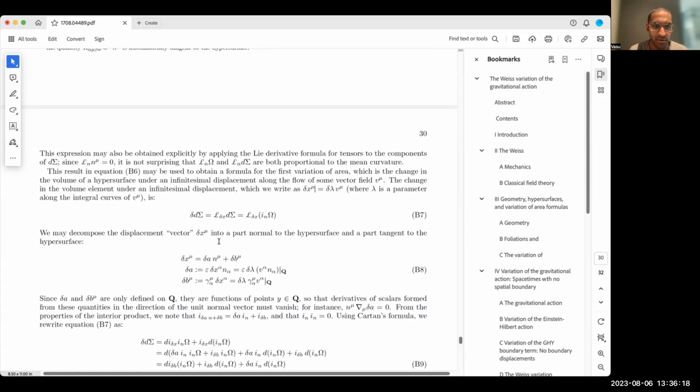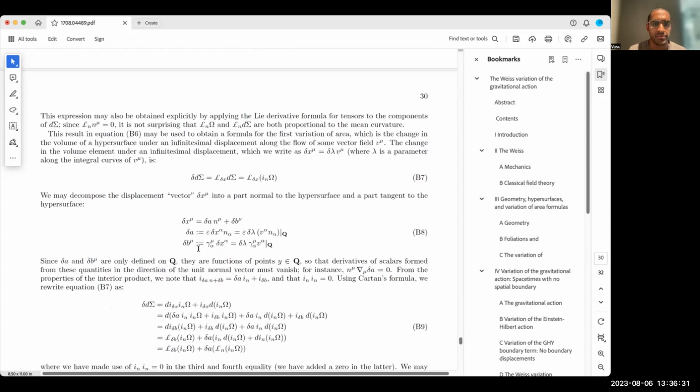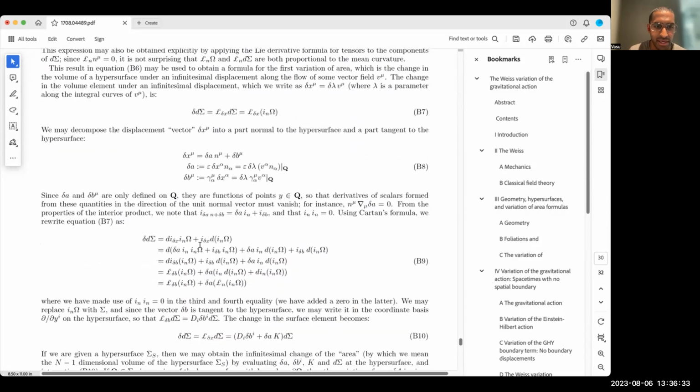Okay, and now see delta x mu, which is the variation of the boundary, happens in directions that are normal to the boundary and happens in directions that are tangential, right? And basically, if we then break up the variation when written in terms of this Lie derivative into these two component forms, then you get this rather unwieldy looking expression, right?